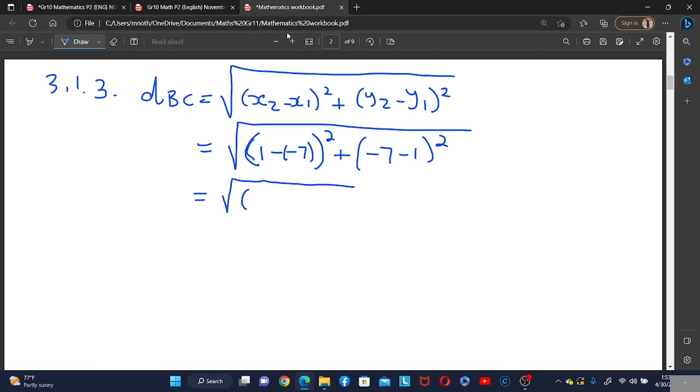This is going to give you 8 squared plus -8 squared. So we are going to have 64 plus 64, which is 128. So root 128, that is 8 root 2, right?